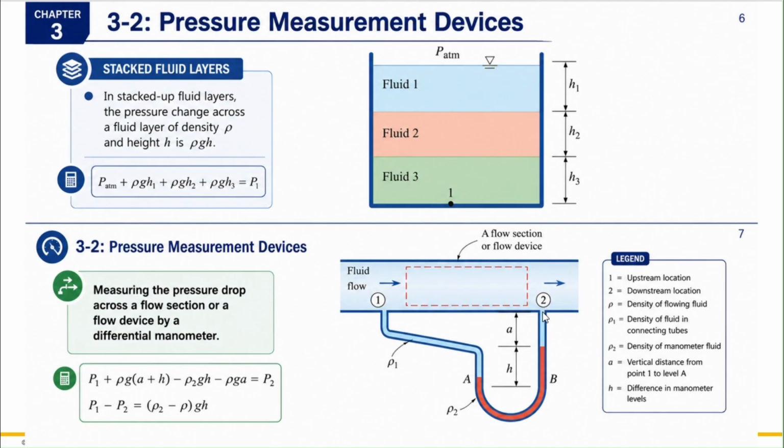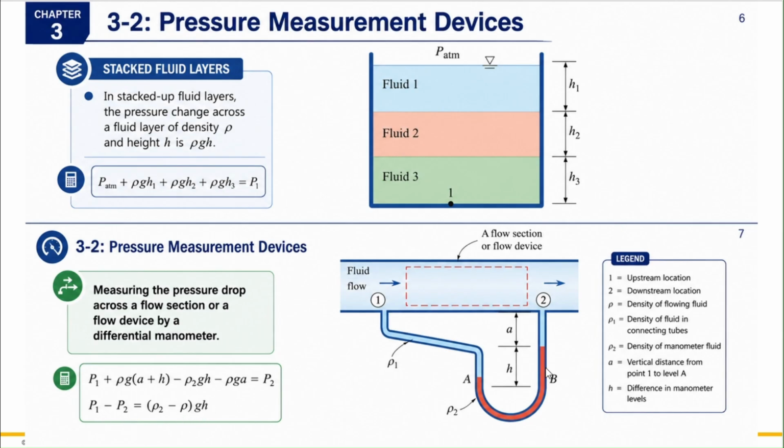Now if you rearrange the terms, P1 is usually higher than P2, because the pressure is lost over the length, and that difference is equal to (rho 2 minus rho 1) times g h. So if you measure the height of this variation, you can estimate the pressure drop.